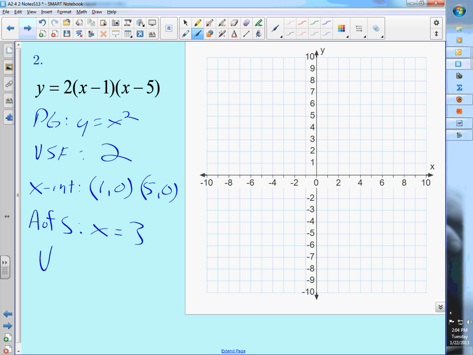And the vertex will be (3, b). The x-intercepts, look at your x. What's with the first x? Take the opposite. That's p. What's with the x?